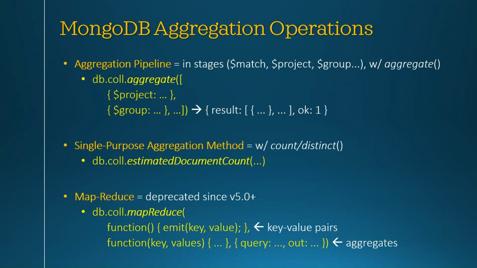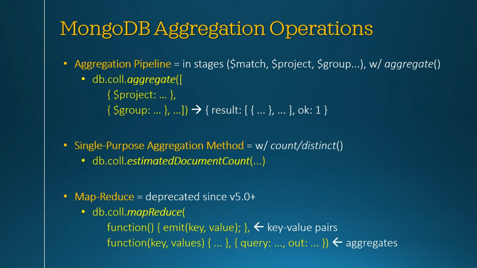What they have, second, are single purpose aggregation methods. They have just two or three different methods: count, distinct, and they added estimated document count, which is faster, but they offer an approximation of the total number of documents. And for the rest, you've seen already, aggregation pipeline works, and this is what you'll have to learn.